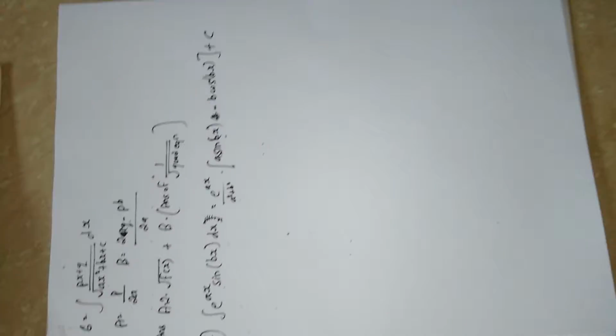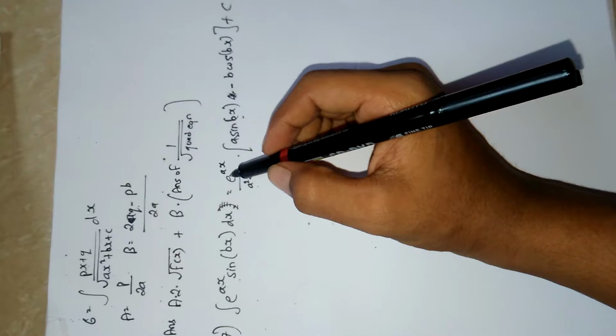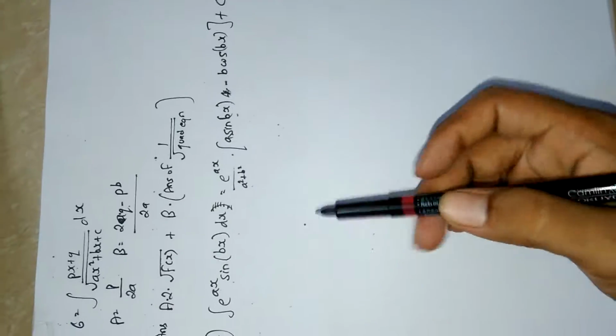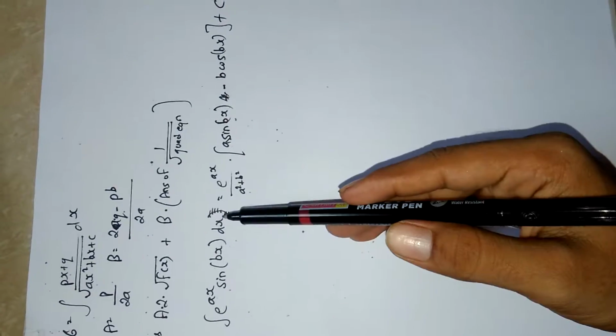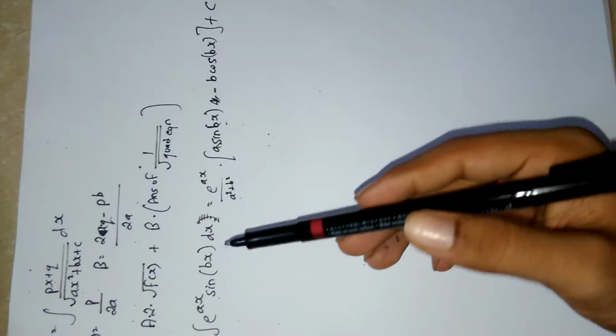So how would we remember such a big equation? It's simple. We just have to remember this first step, e raised to a into x upon a square plus b square. Then we write as it is, a into sin bx, plus the derivative of sin bx.